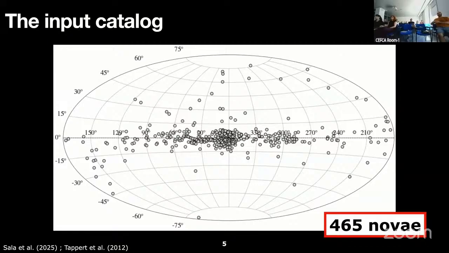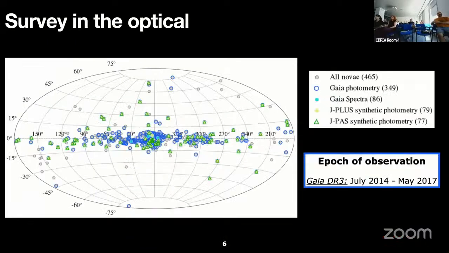And to begin this study, we start with the optical. We use the Gaia DR3 data. We did a cross match between our catalog and Gaia, and we found that we have 349 counterparts. And additionally to this, we also computed the Gaia spectra and the synthetic photometry of J-PLUS and J-PAS.